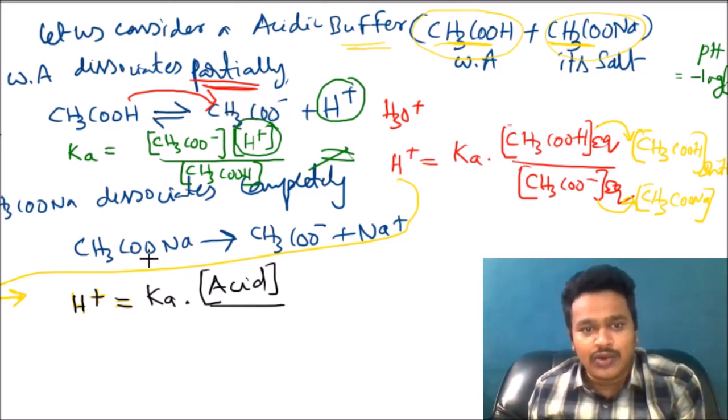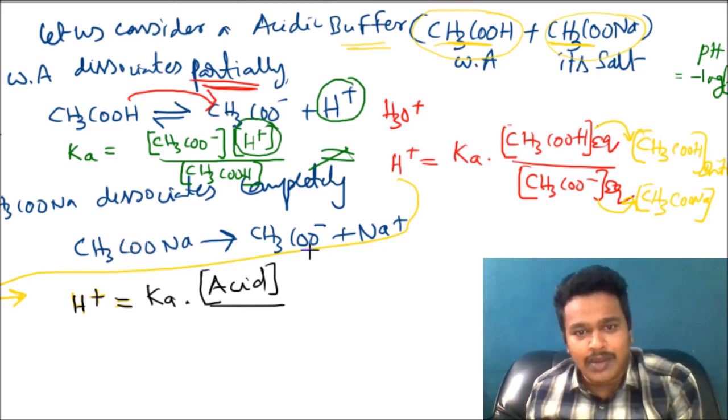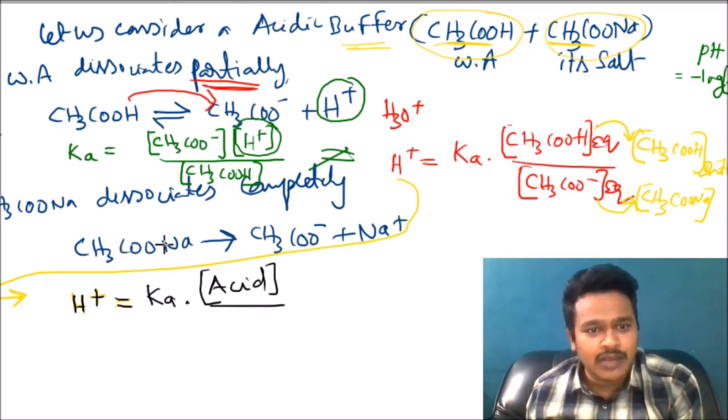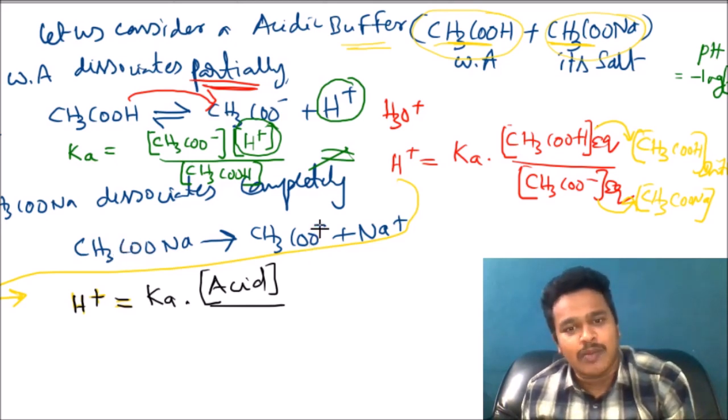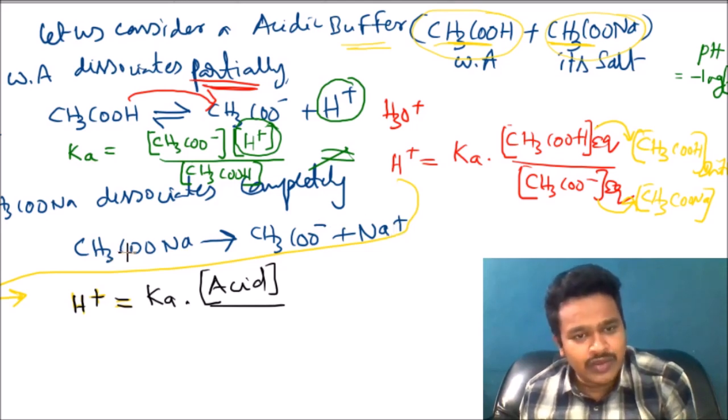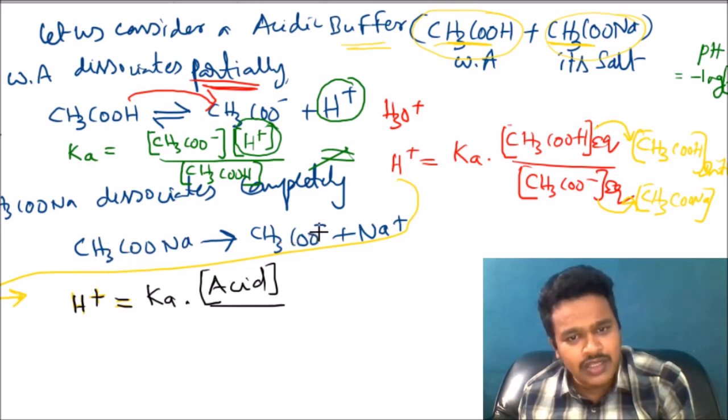For the salt you take, whatever amount you take comes out completely. If you take 100 moles, it means 100 moles of CH3COO minus ions and 100 moles of Na plus are coming. If you take 200 moles of CH3COONa, it means 200 moles of CH3COO minus and 200 moles of Na plus are coming.